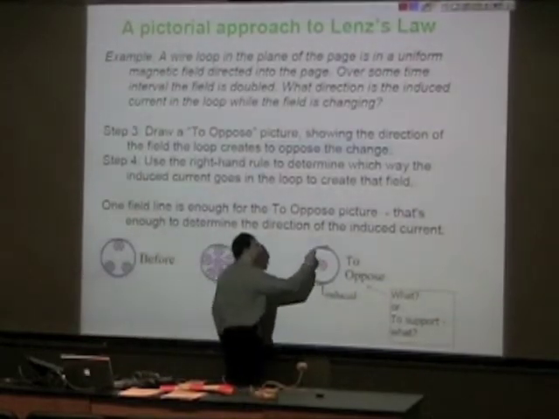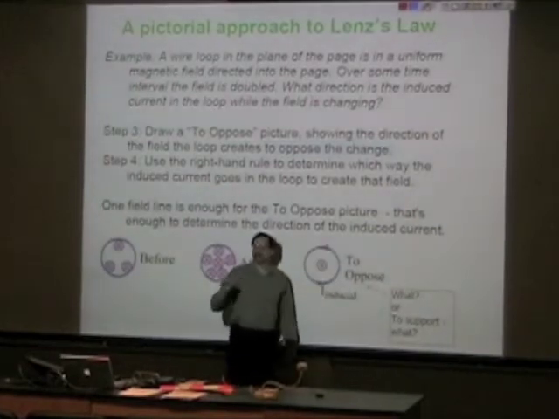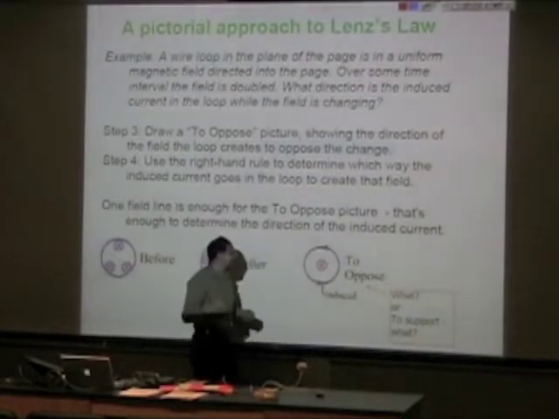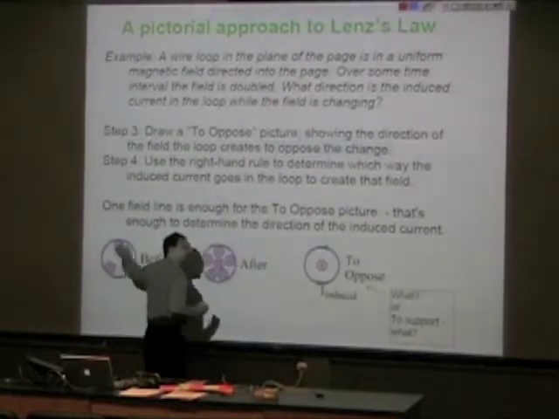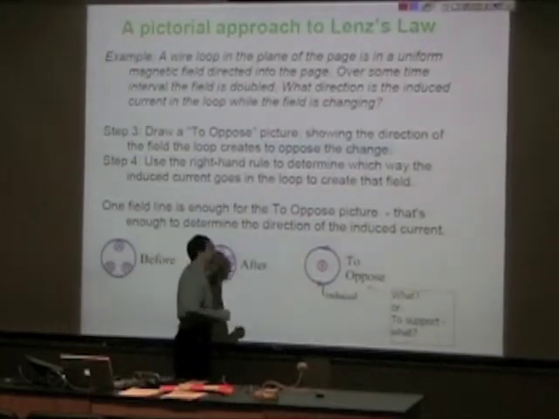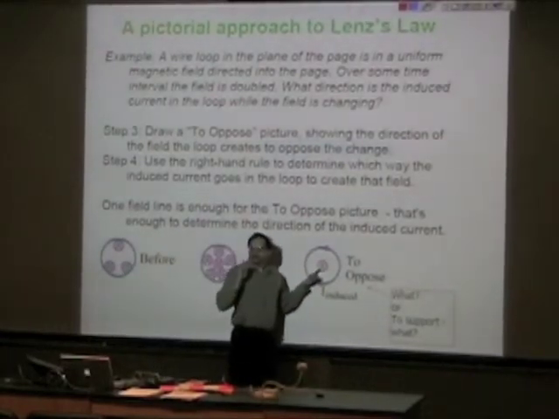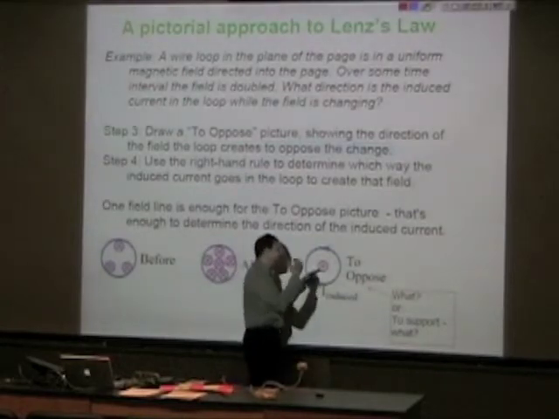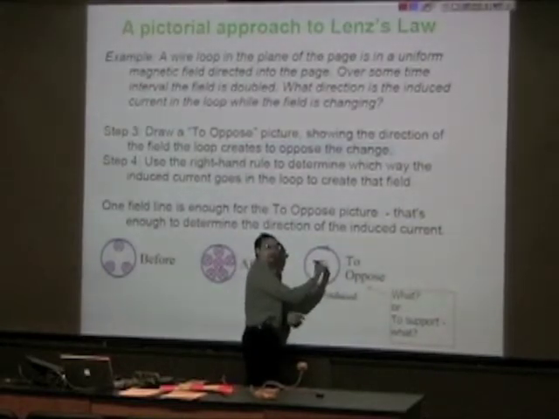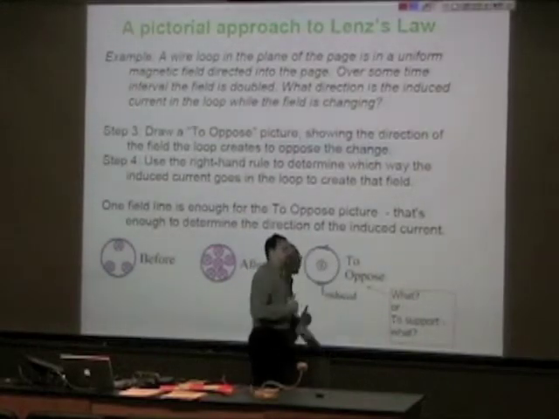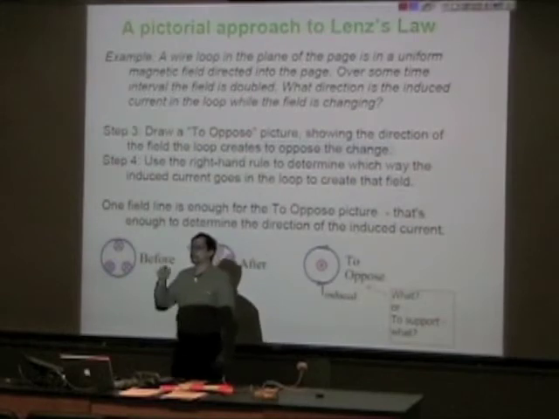So this is the last step which we make when we use the pictorial method. Initial situation, final situation, what kind of change has happened. Then we say the direction of the induced field is out of the screen, and now we take the right-hand rule, we point our thumb in the direction of the induced field, and fingers show the direction of the induced current.